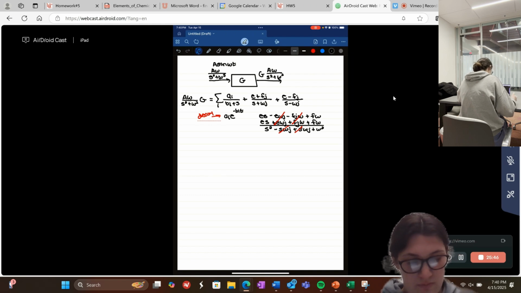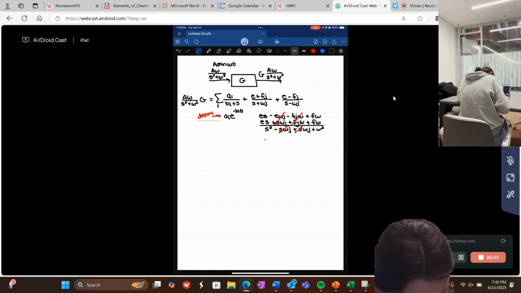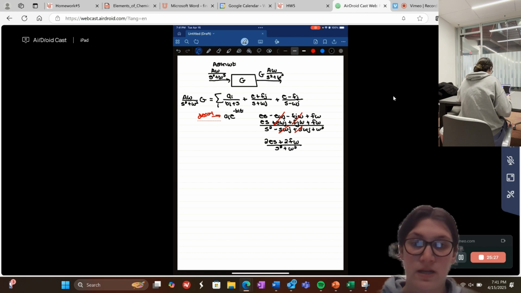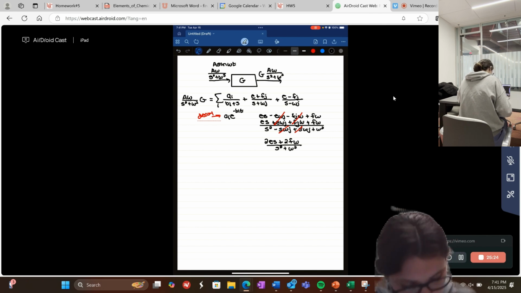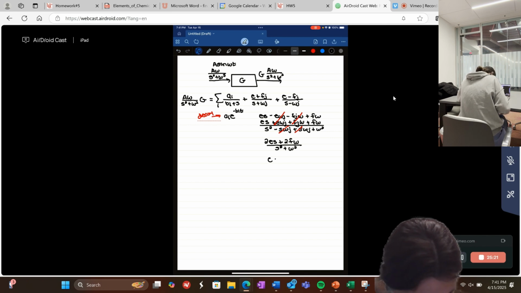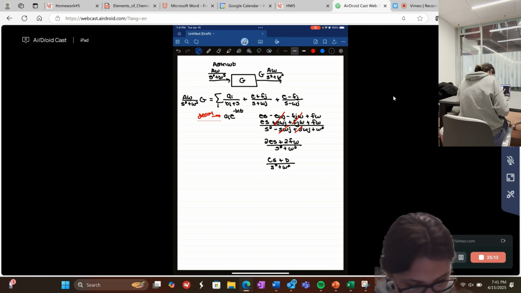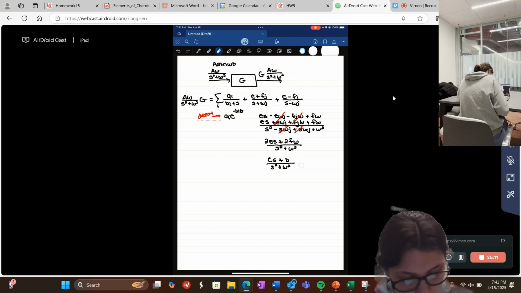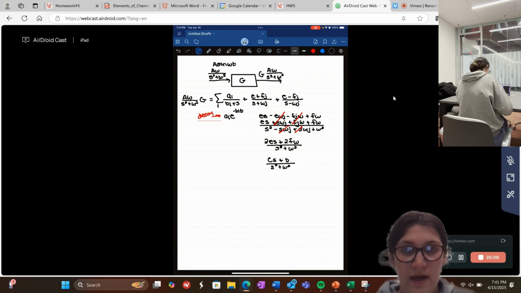So when we add all these together, we end up with 2Es plus 2Fω over s squared plus ω squared. Another way to write this in a simpler form is just Cs plus D over s squared plus ω squared.